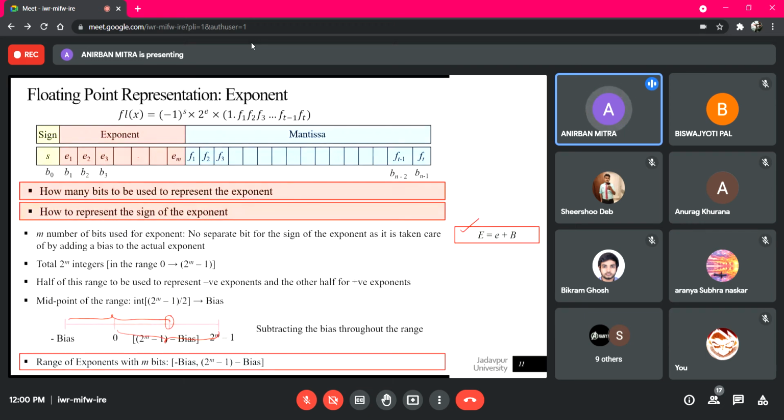So if 0 is stored in this exponent part, I immediately know that it is referring to a negative exponent equal to minus bias, where the bias value has already been calculated using this expression. So that is how the negative and positive exponents are taken care of in floating point representation.